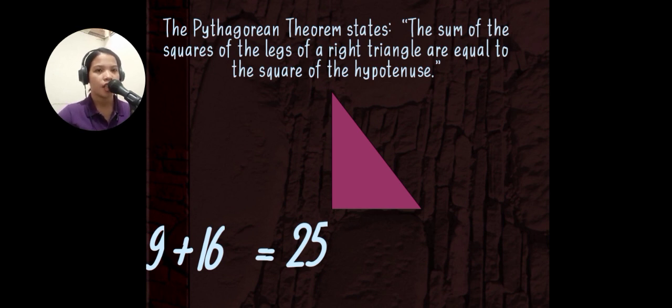Let's say for instance that side A squared is 9 and side B squared is 16. So the value of the third side squared is 25. Why? Because the sum of the squares of the legs of a triangle is equal to the square of the hypotenuse. So 9 plus 16 is equal to 25. So that's it.